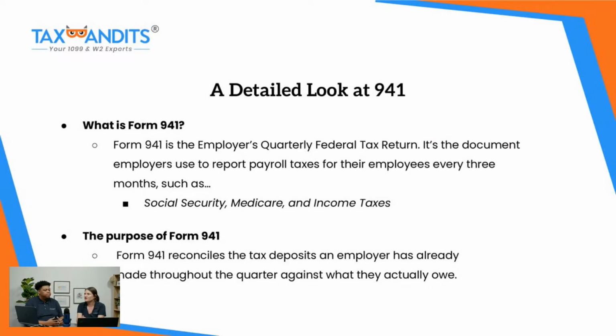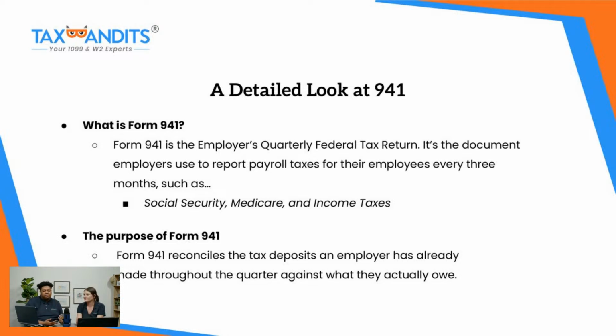So Desmond, do you want to go over and discuss what the 941 actually is? Yes, thank you so much for asking. So what is Form 941? The age-old question. So Form 941 is the employer's quarterly federal tax return.